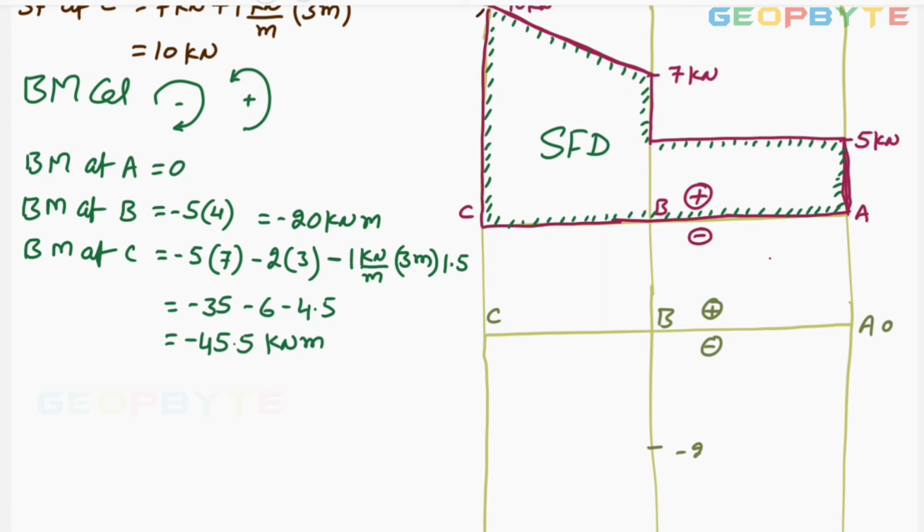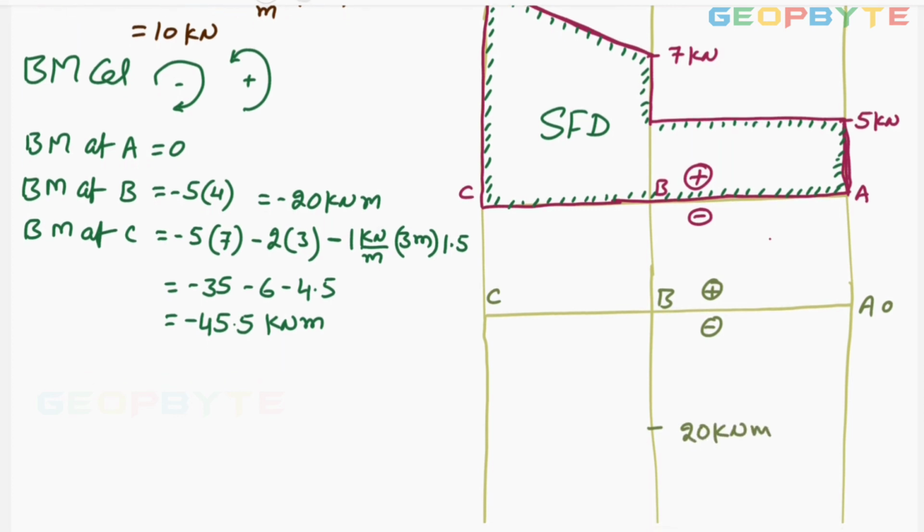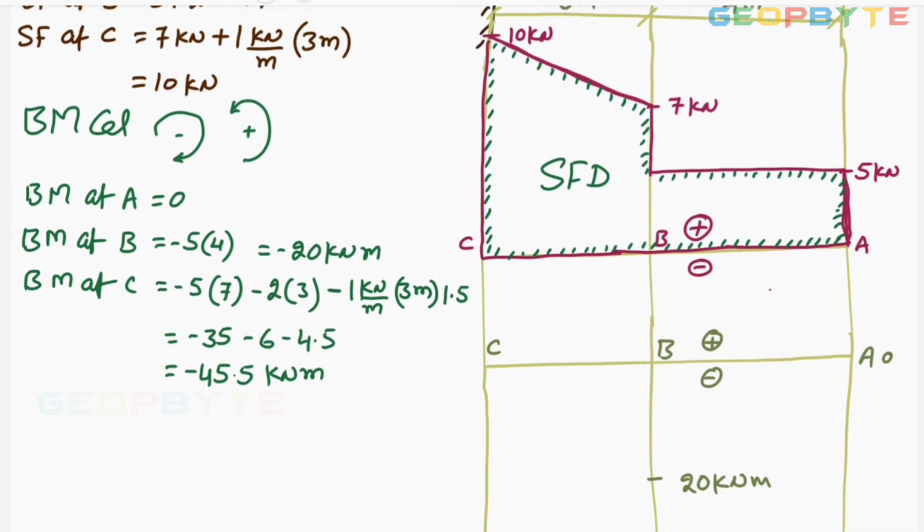I should not write minus 20 because already I marked the minus 20 kilonewton meter. BM at C. BM at C is how much? 45.5. It is also in kilonewton meter because it is bending moment. Now in between, look at the diagram.